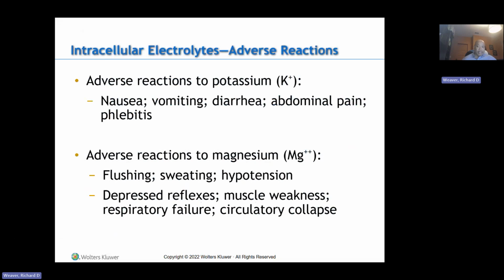I think I said that respiratory failure and circulatory collapse. It is contraindicated in clients with heart block, myocardial damage, and also in women with pregnancy-induced hypertension during the 2 hours before delivery and whatnot. So again, take a look at that.